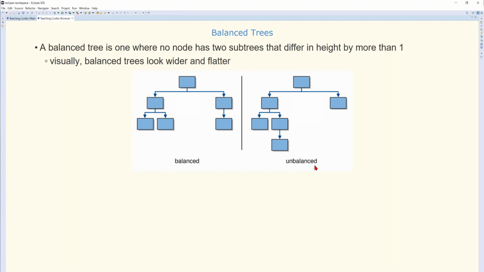Because there might be cases where one of these subtrees, say the left subtree, is higher by 1 level. When you try to balance it, it might happen that now the right subtree is 1 level higher. Then you will again try to balance in the reverse direction, and then again in this direction.